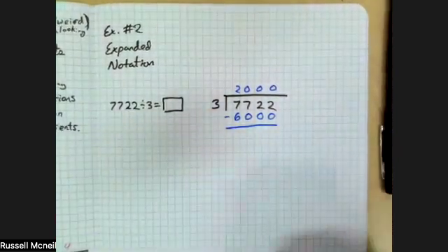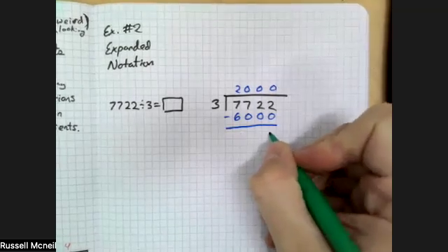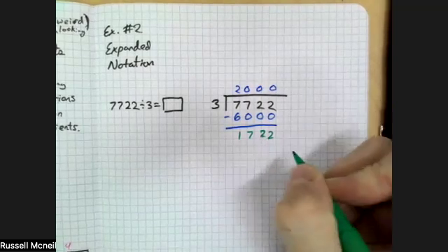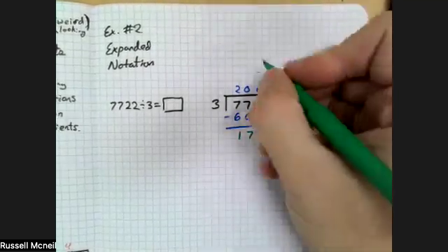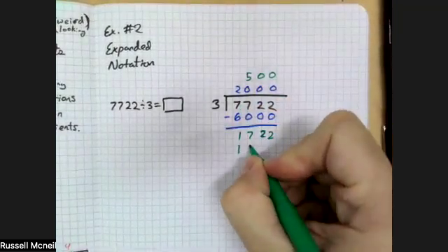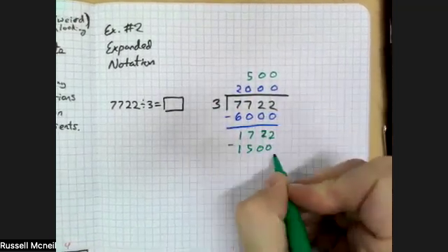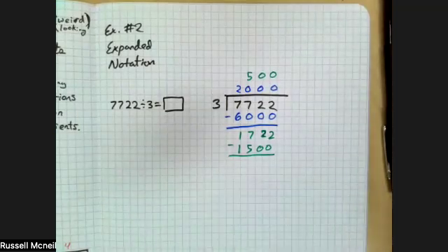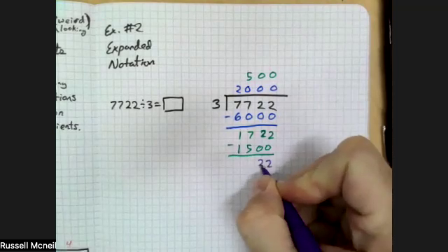That's going to bring us to our 1,722. How many times does 3 go into 17? We've got 500. That gets us to 1,500. So 500 times 3 is 1,500. And we'll subtract down. We end up with 2, 2.